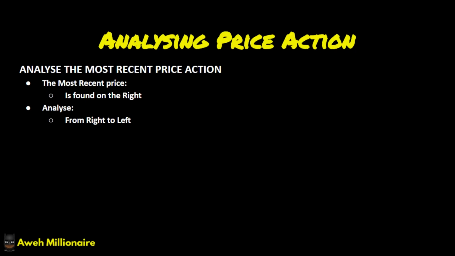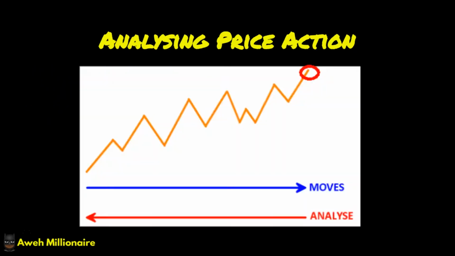Therefore, when I say that you need to analyze the most recent price action, what I mean here is you want to analyze from the right-hand side of the chart to the left-hand side. We analyze from right to left. Price moves from left to right, but when you analyze the most recent price action, which is from right to left, as you can see over here.